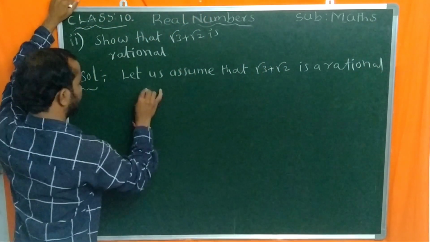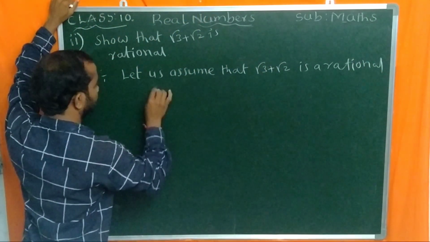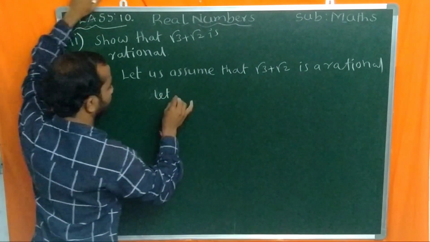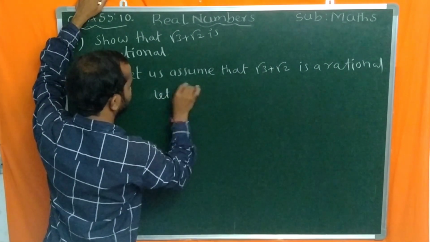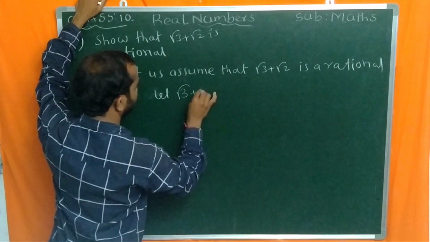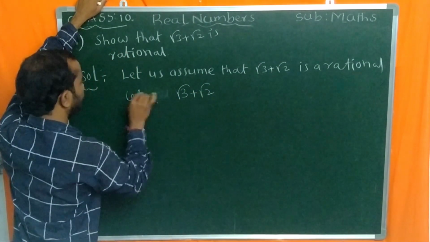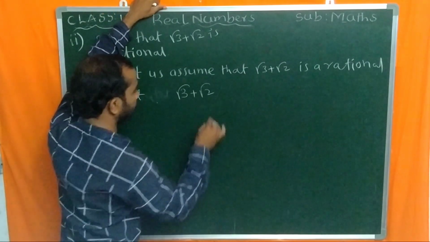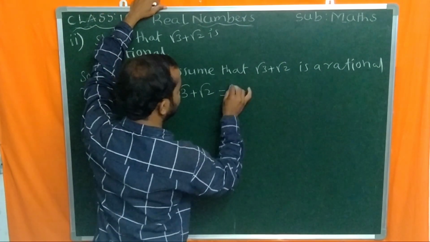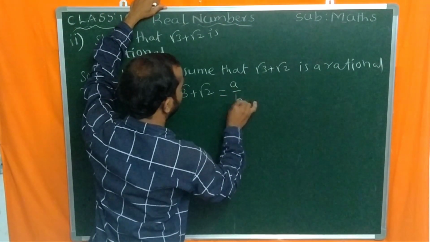So let root 3 plus root 2 be written in rational form a by b.